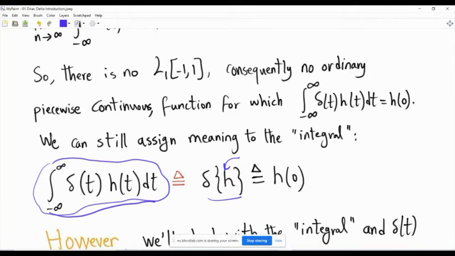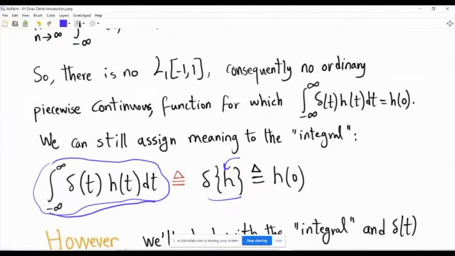So the Dirac delta is best understood as a functional. We want it to operate on functions in which 0 is part of the domain. Actually, something like the Dirac delta is designed to operate on a space of functions called the Schwartz space.